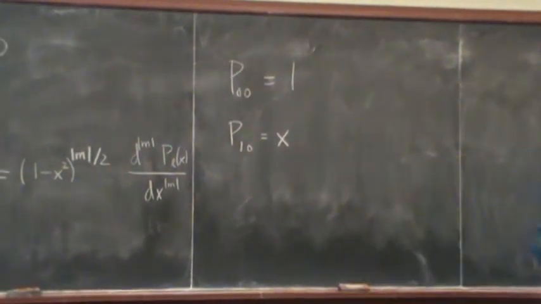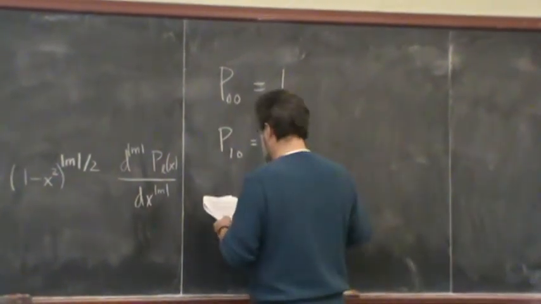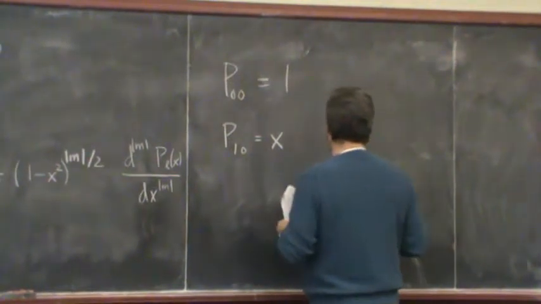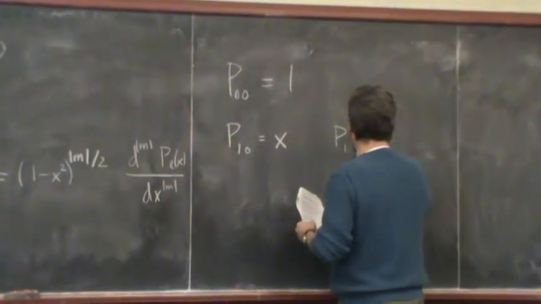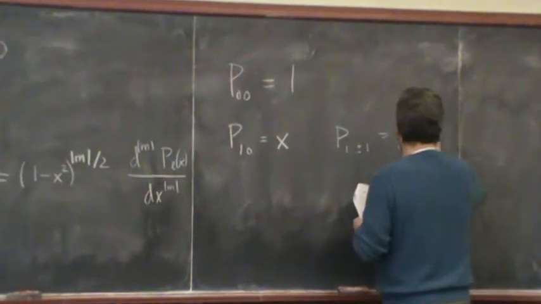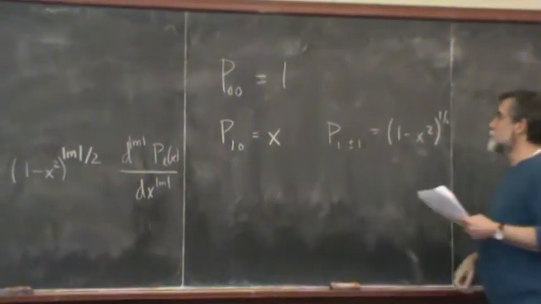P_1^0, again, we already found that one, is x, because we're not taking any derivatives then. But we can have l equals 1, m equal to plus or minus 1. And that's the square root of 1 minus x squared.